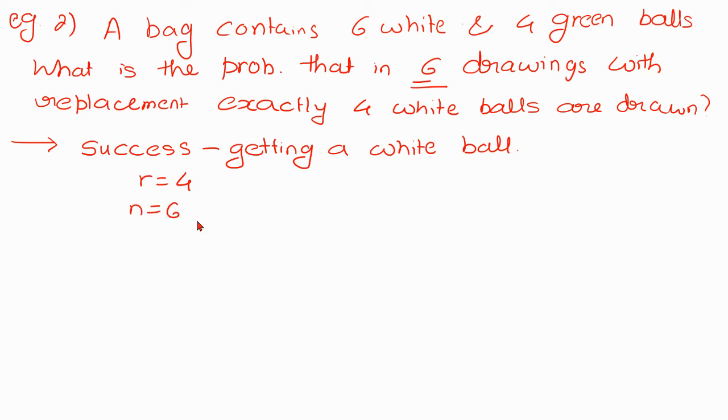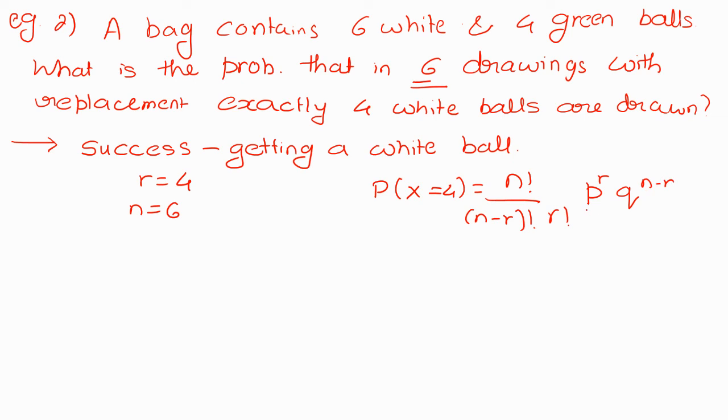N is equal to 6, the number of trials. Now you know what is a success, what is your r value, what is your n value. Now you have the formula: probability of x equals 4 is given by n factorial upon n minus r factorial, p raised to r, q raised to n minus r.